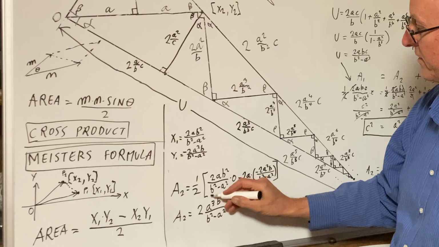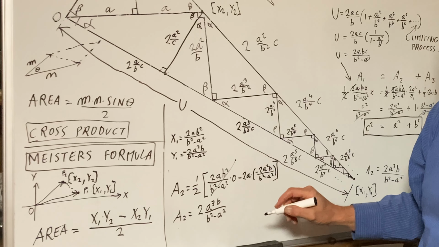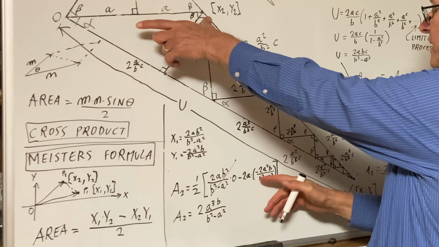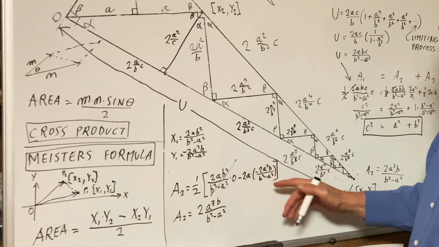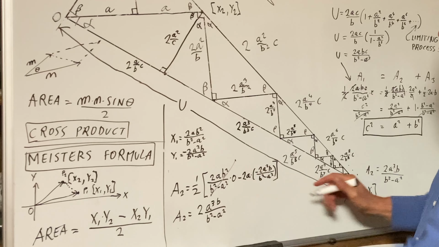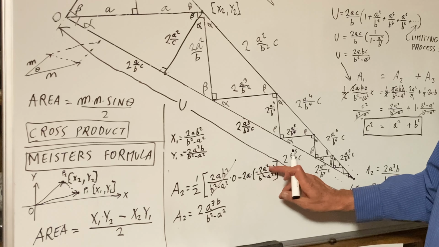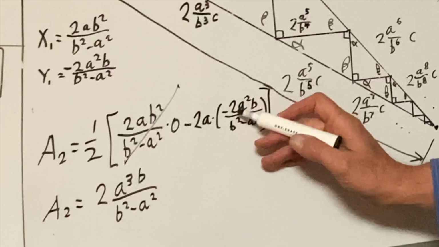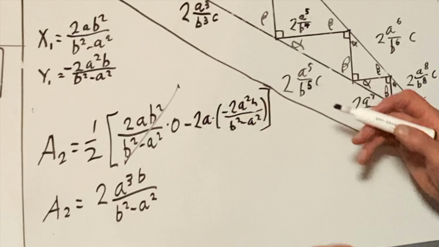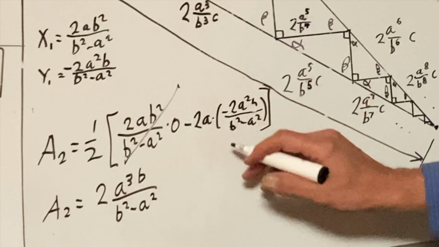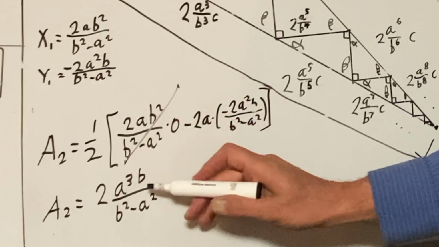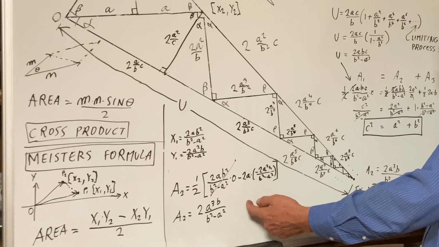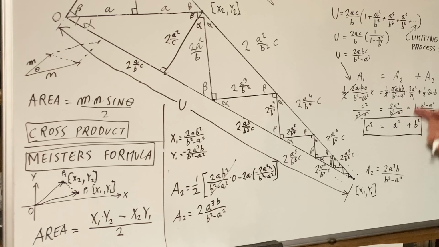So this actually just goes to nothing. And then minus 2a, that's x2, times y1, this negative 2a squared b over b squared minus a squared, and the negative cancels out the negative, and so when you simplify, it's 2a cubed b over b squared minus a squared, which is the same thing as over here. This is what we need to plug in here.